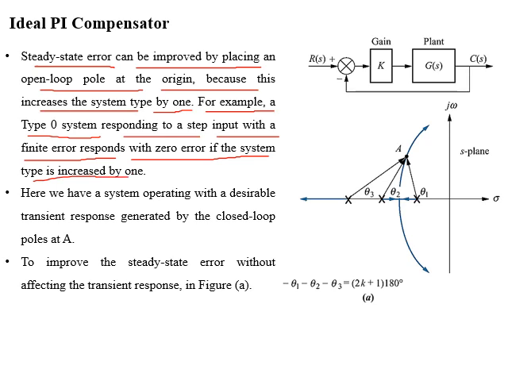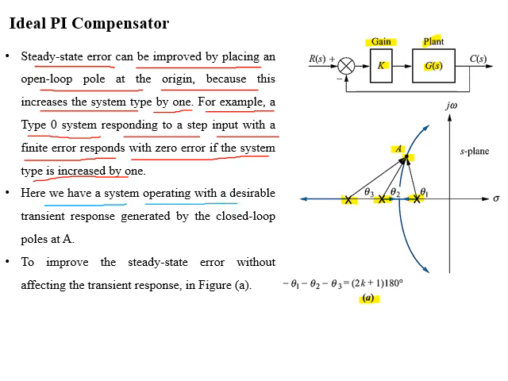Students, if you look at the system in figure A, which consists of a gain K and plant G(s), from its root locus it is clear that the open loop system has three poles, and the desired operating point is represented by point A. The forward path system is of type 0 because we have no pole at the origin.